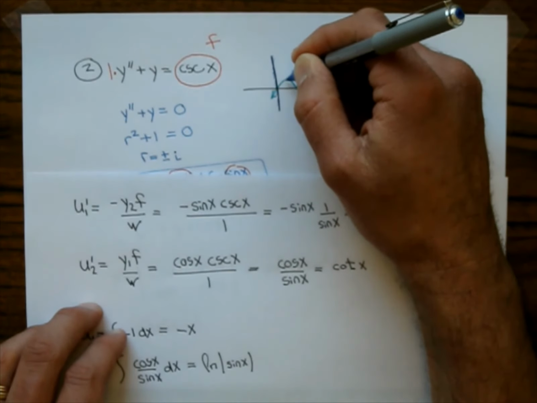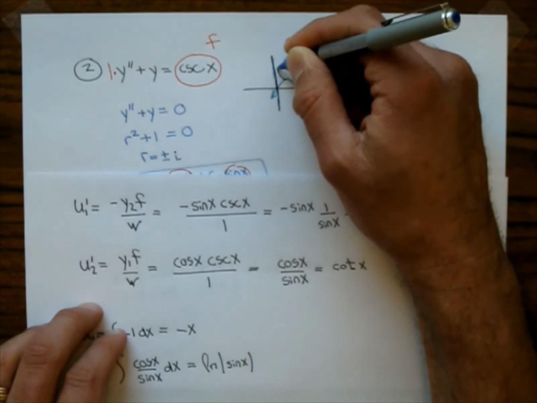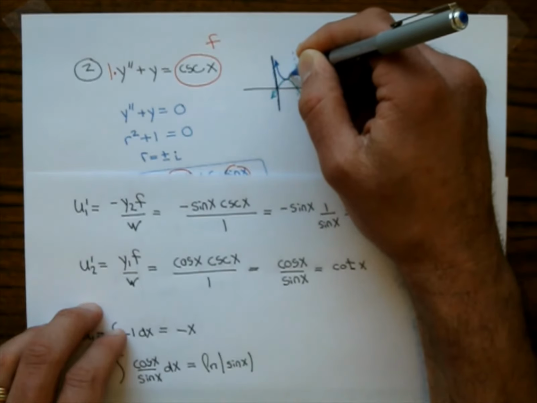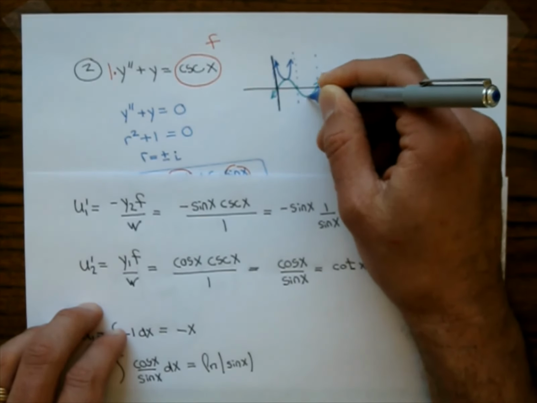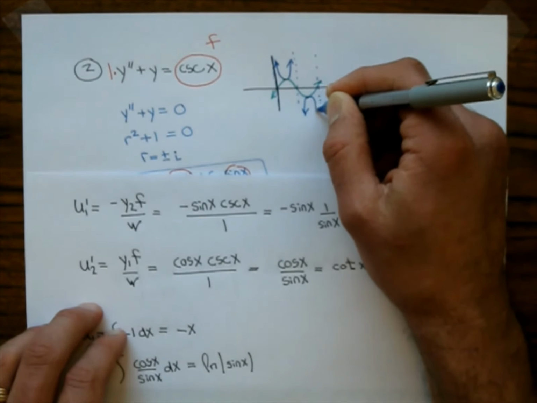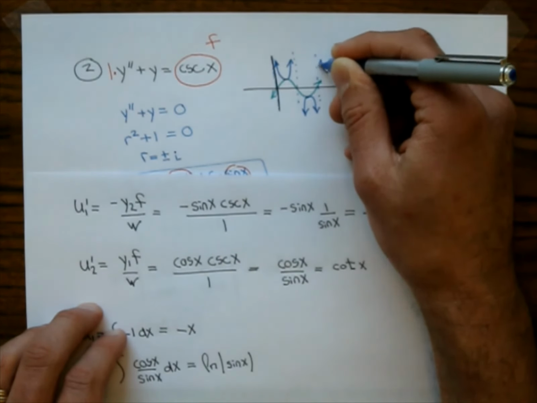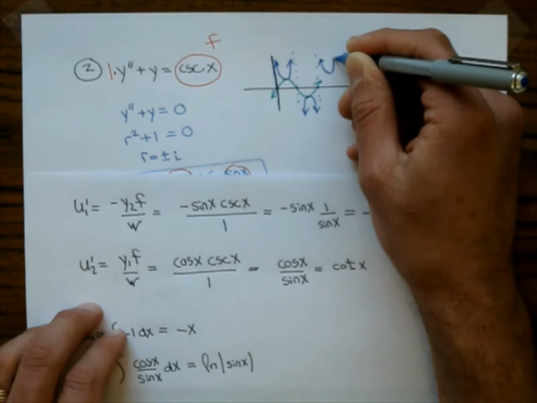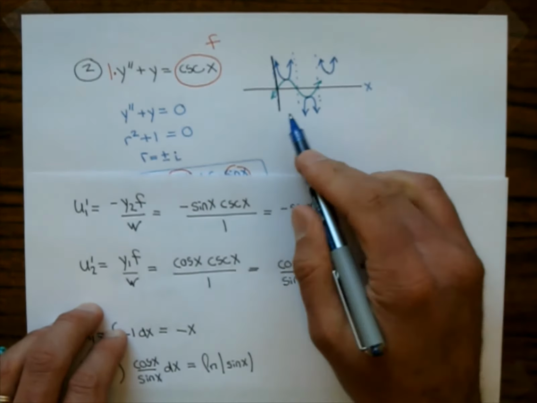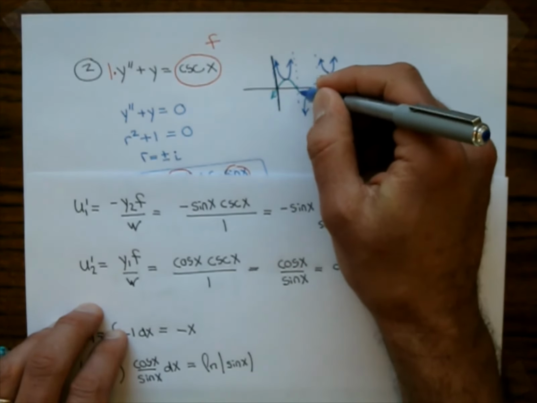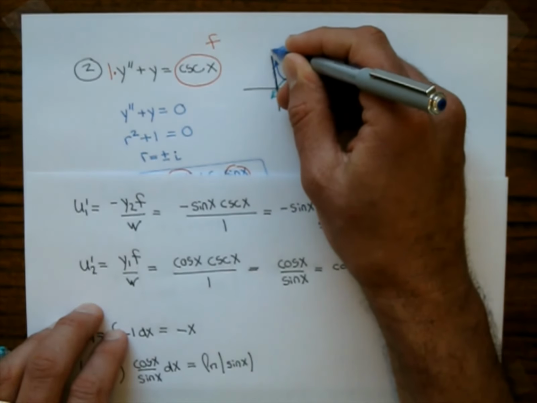So the cosecant looks like that. Some of you would go, oh, those look like parabolas. They're not truly parabolas because they don't open up from negative infinity to infinity, but it looks like that. And this right here is pi and 0.